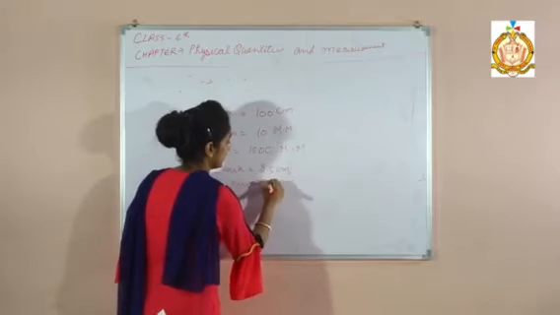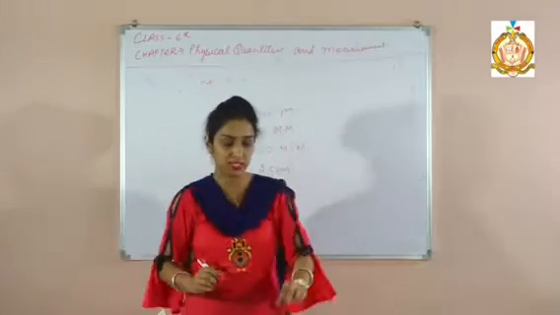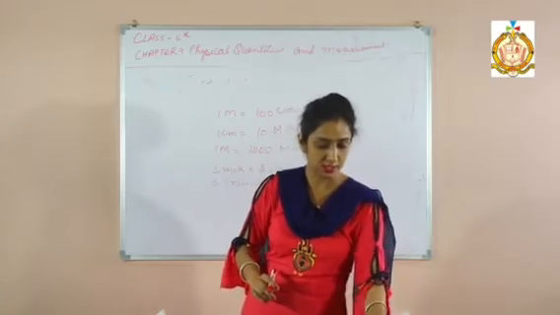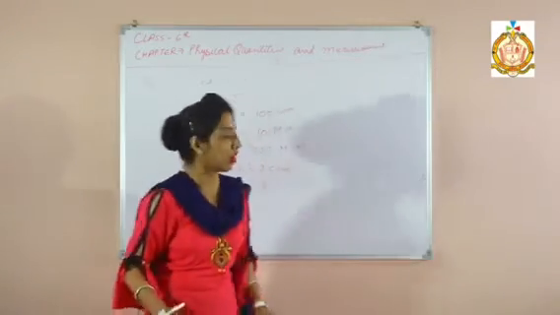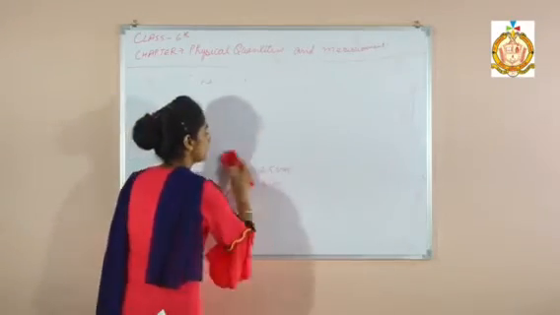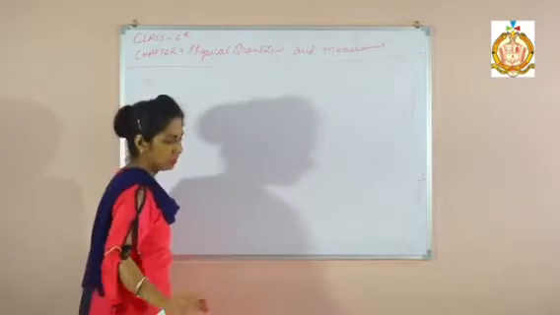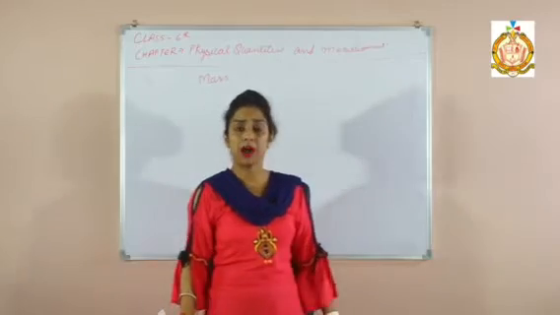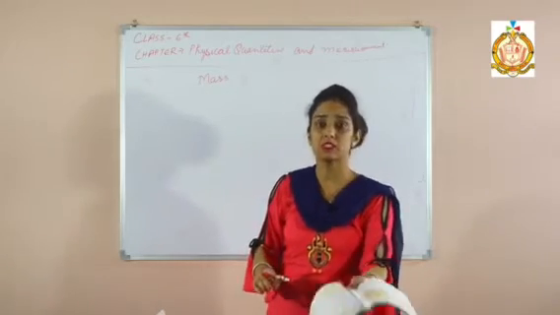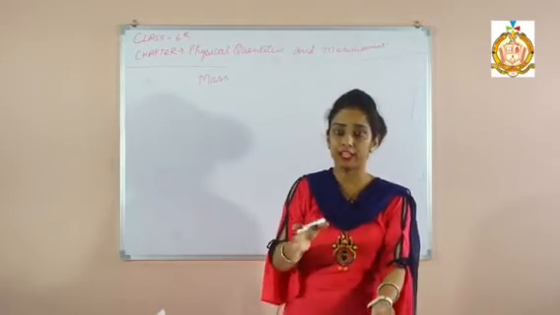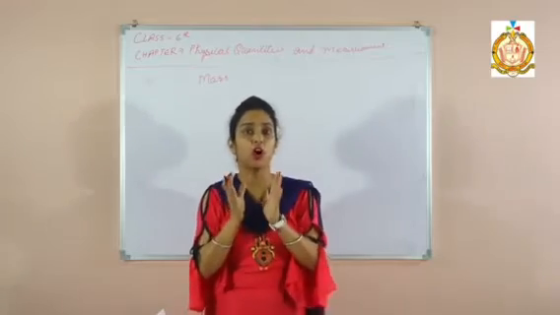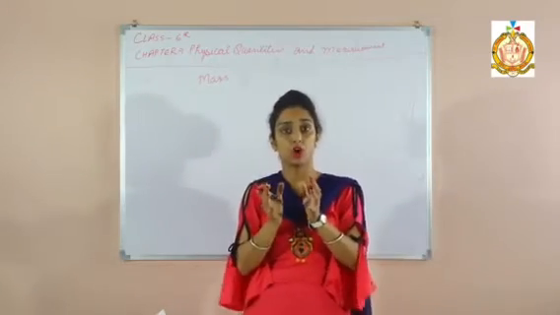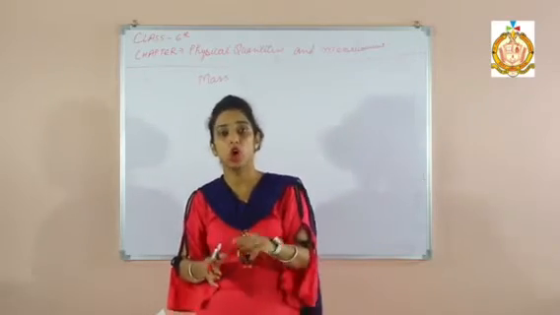Now come to the second quantity, that is measuring of mass. So what is mass? Mass means the weight of anything, or the quantity of matter present in the object.